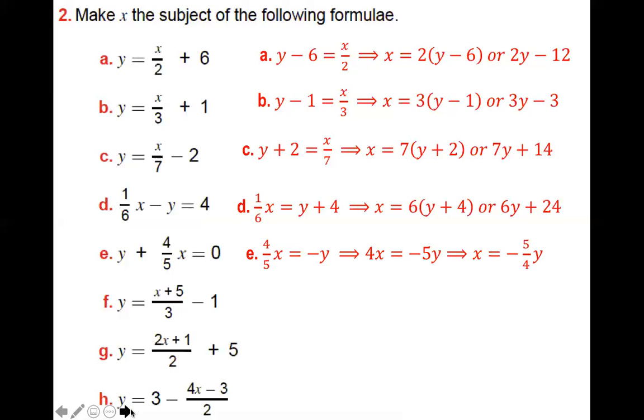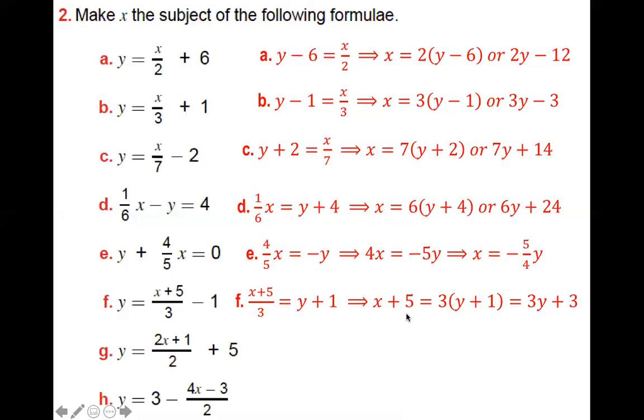Next one, first of all, I get rid of that negative 1. That means I add 1 on both sides. Then I've got x plus 5, divide by 3. So I want to get rid of the divide by 3. Usually people will get rid of the fractions first, right? Once you've got it this way, you do 3 times y plus 1. And then you take away the 5.